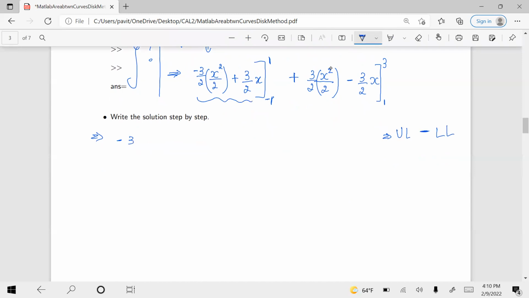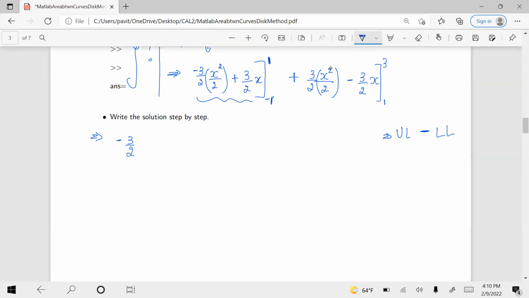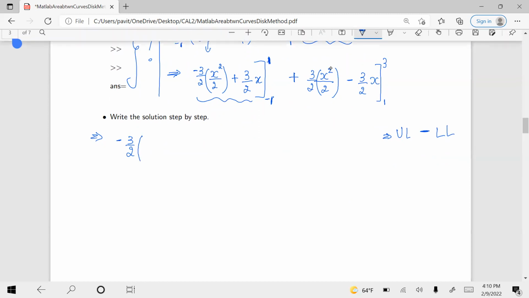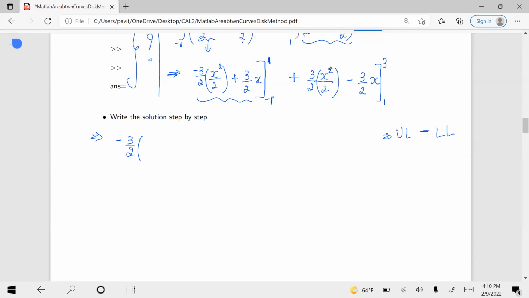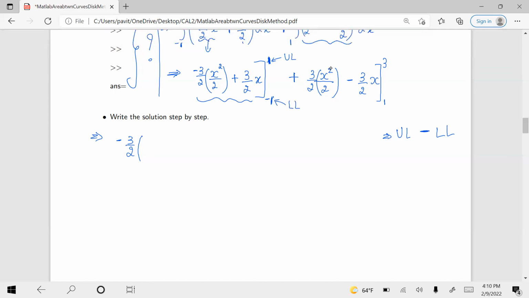So this is negative 3/2. So when I say applying limit, that means you're going to plug the limit value in place of x. Okay, just plug in. Open braces. We have 1. I'm going to start with upper limit. This is upper limit, right? This is lower limit, right? I'm going to start with upper limit first.